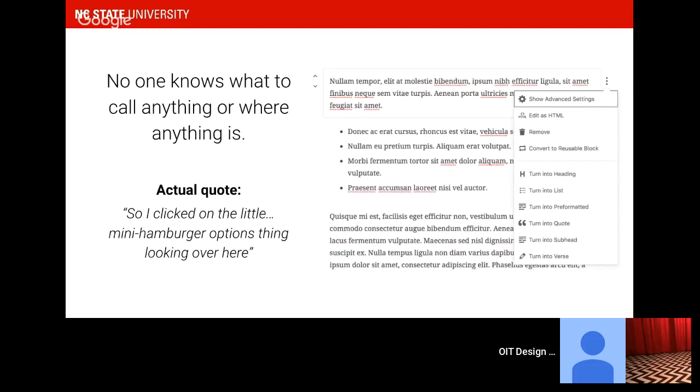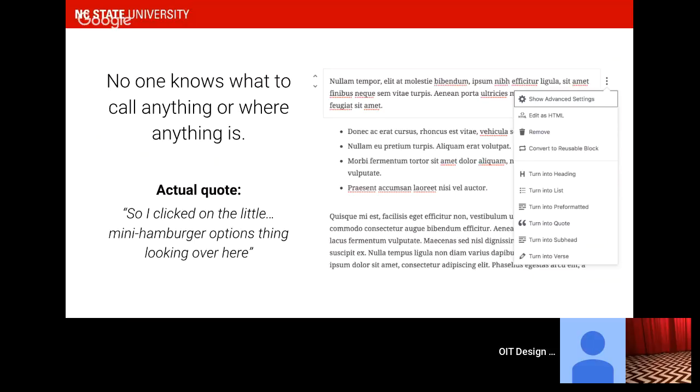So the first thing that stands out is that nobody knows what to call anything or where anything is. That kind of makes sense. Everything's been moved around. And then the new editor is big on iconography and has comparatively less text.